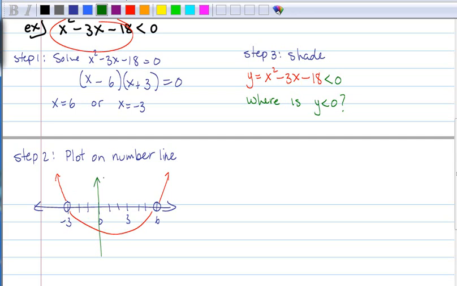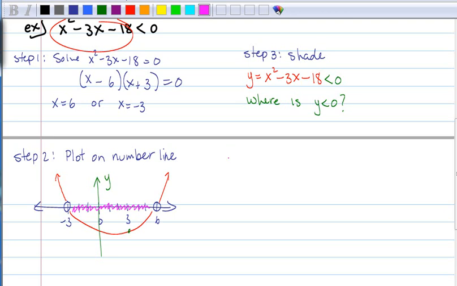Again, if I pretend this is my y, at 3, you can see the y is negative. So now my solution is going to be on the inside. So let's go ahead and do that. The solution is on the inside, and that is the solution on the number line. Just that purple there.